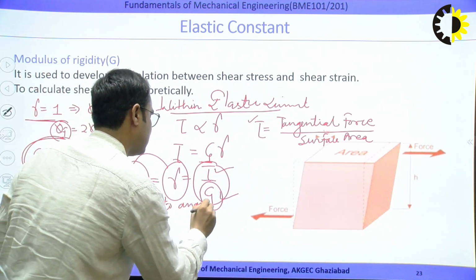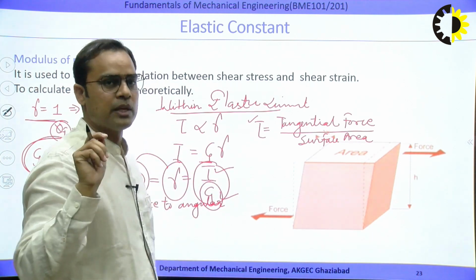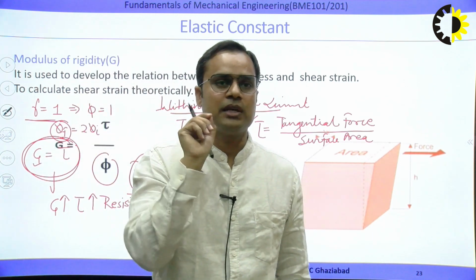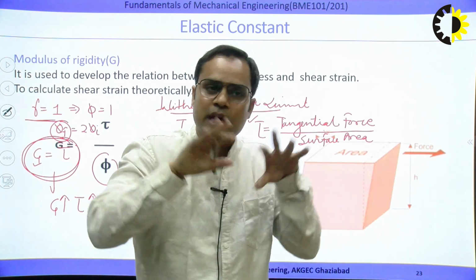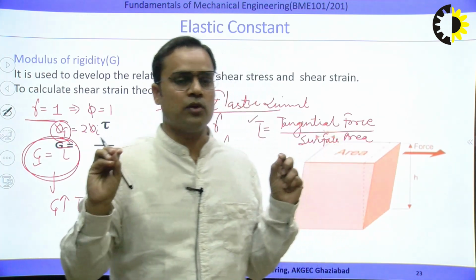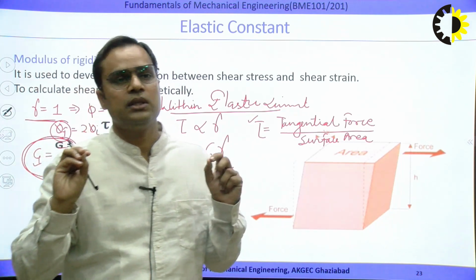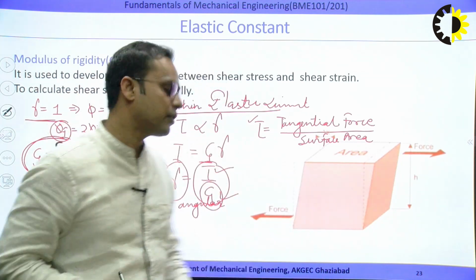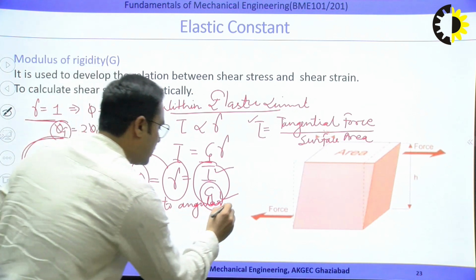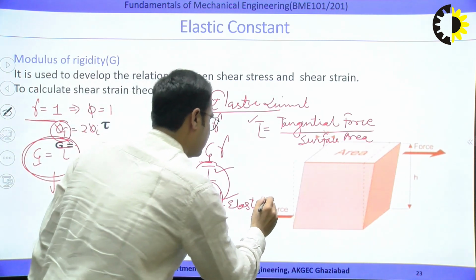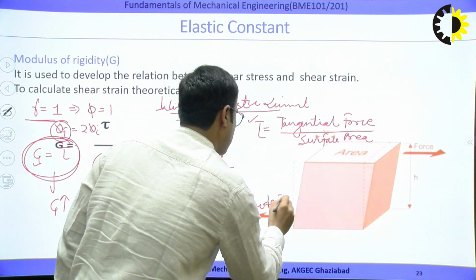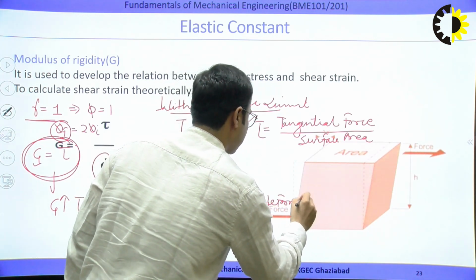angular deformation. In the previous modulus of elasticity, we have seen the linear elastic deformation. Now we have to consider angular elastic deformation, because due to the tangential load there is a possibility of angular deformation. So, resistance to angular elastic deformation increases.